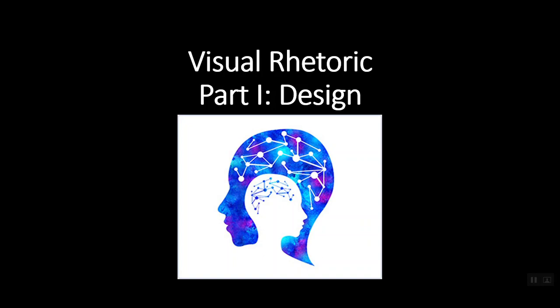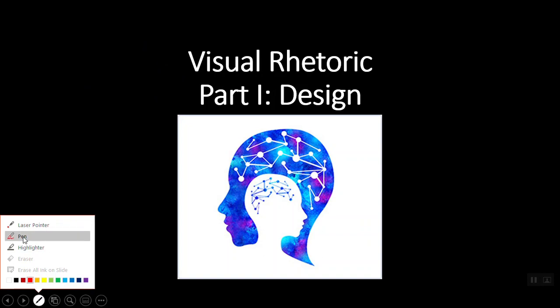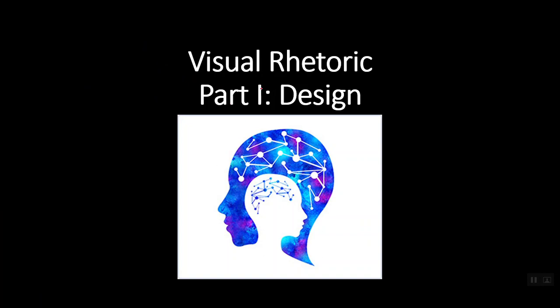I want you first to look at the picture that I've got right here. I have a dark background. I have light lettering. I'm going to get my pen out here. White letters, dark background, and then I've picked a visual that's kind of interesting.